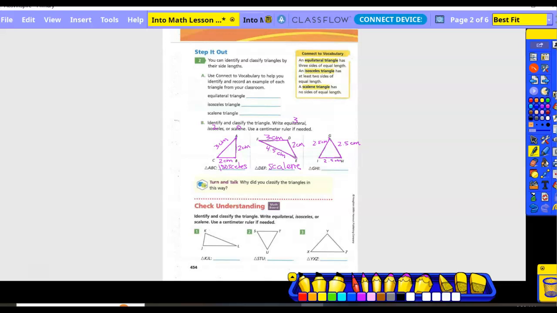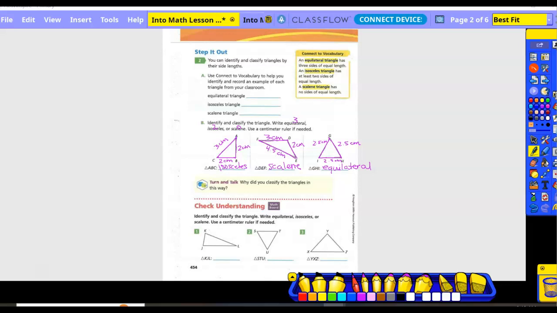Okay, so all of those are congruent, so that's an equilateral. So when I was naming those, I should have said, what does the little symbol out front mean? Right here. Triangle ABC, right? This was triangle DEF, and then this, of course, was triangle GHI, right? Okay, and then we named what type of triangle they were.